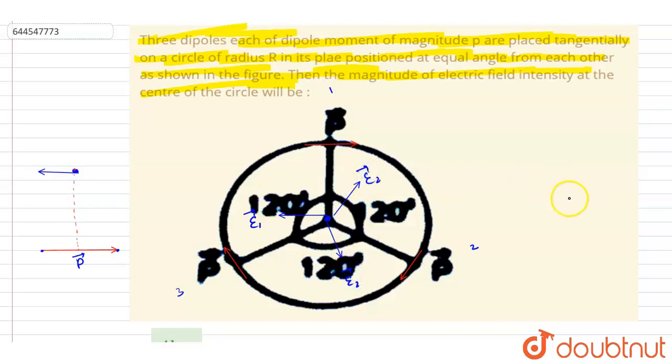If I draw the diagram, it is like this: E1 because of 1, E2 and E3, and the magnitudes of the three are the same, and the angle between them will be 120, 120 and 120.